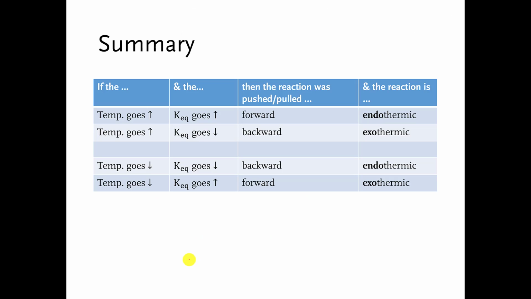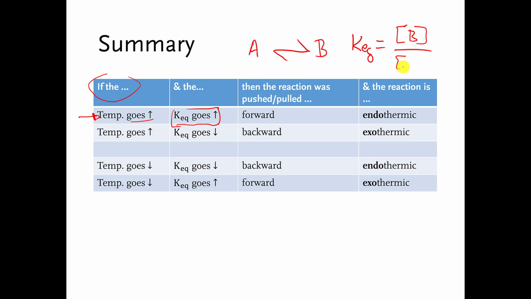Here's a summary of what I've been trying to say. If the temperature of your reaction goes up and the equilibrium constant also goes up, in other words, if I have A turns into B, and remember the equilibrium constant for this pretend reaction is the concentration of B at equilibrium divided by the concentration of A at equilibrium.